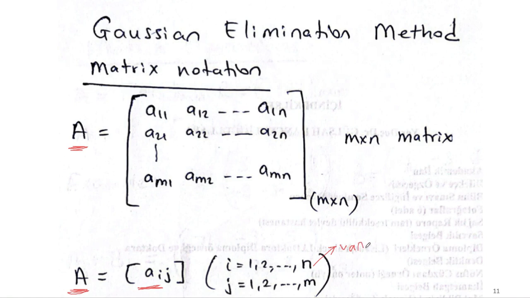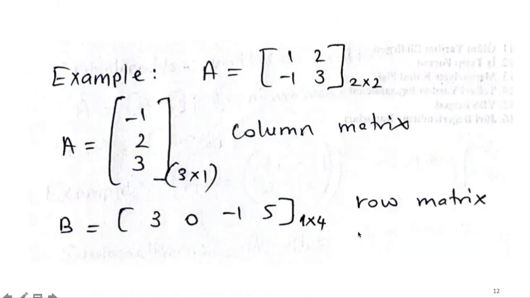So this is for the variables, and we have m here, number of equations. It's a bit difficult to write like this, but I think this should be clear now.